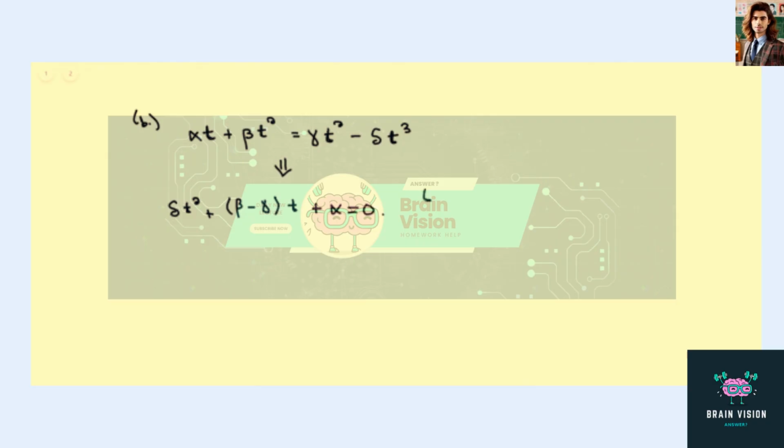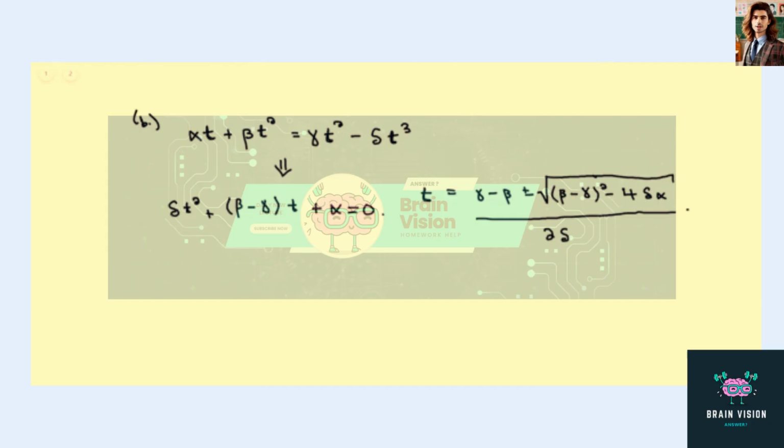And so the quadratic formula tells us that t is equal to gamma minus beta plus or minus the square root of beta minus gamma squared minus 4 delta alpha, and this is all over 2 times a, which in this case is 2 delta.